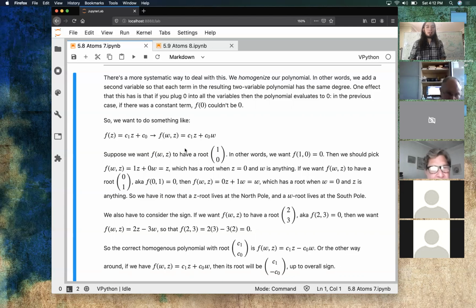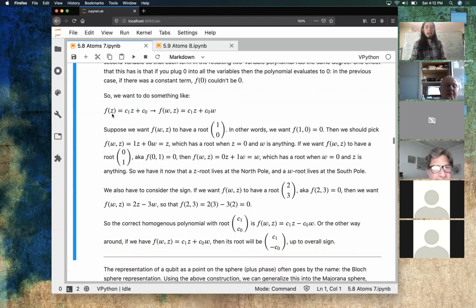So, for example, if we had just a single variable polynomial, f of z equals c1z plus c0, we would upgrade it to a two variable polynomial, f of w, z, where now there's a w multiplying the c0.